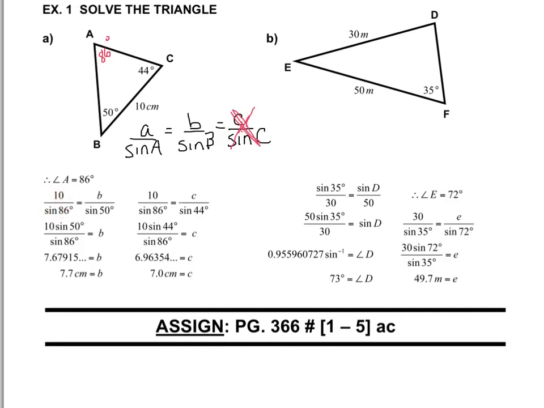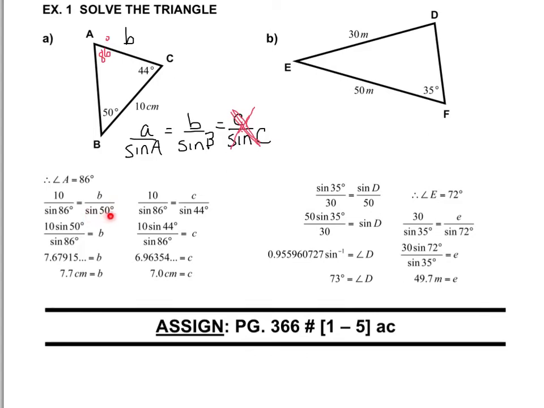And then pick the other angle that you want to work with. So we're going to be working with the angle 50 so that we can go and look for the opposite side, which is lowercase b. So we're going to do little b over the sine of the opposite angle. And we wrote that right here.